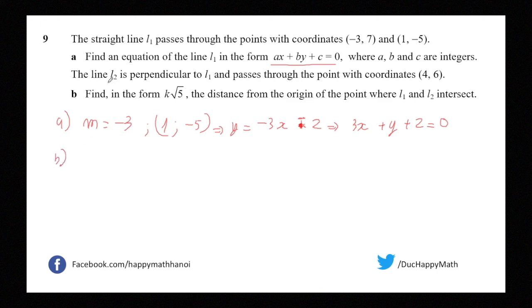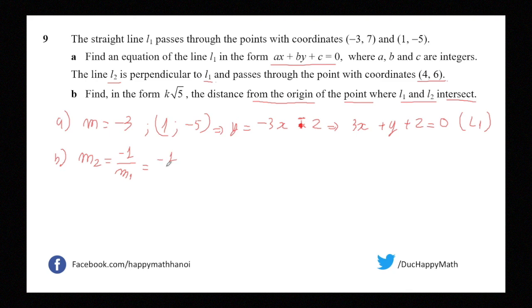Question B. L2 is perpendicular to L1 and passes through the point, in the form of the distance between the origin and the point where L1 and L2 intersect. So this one is L1, and now I want to calculate L2. M2 is perpendicular to L1, so M2 is minus 1 divided by M1.